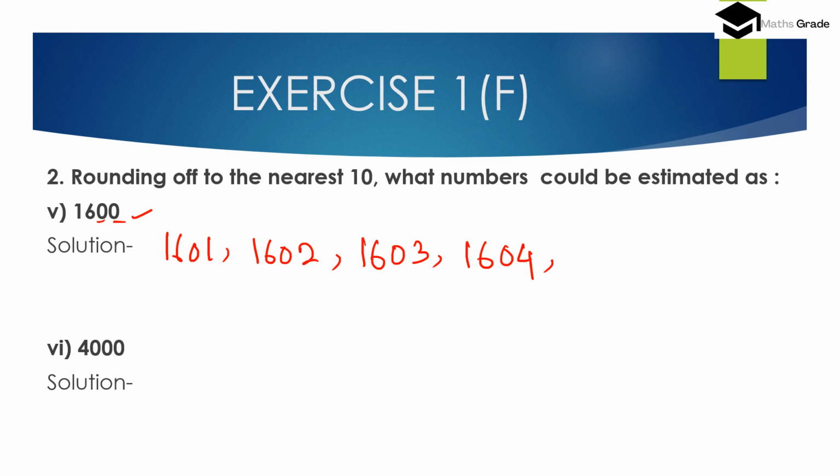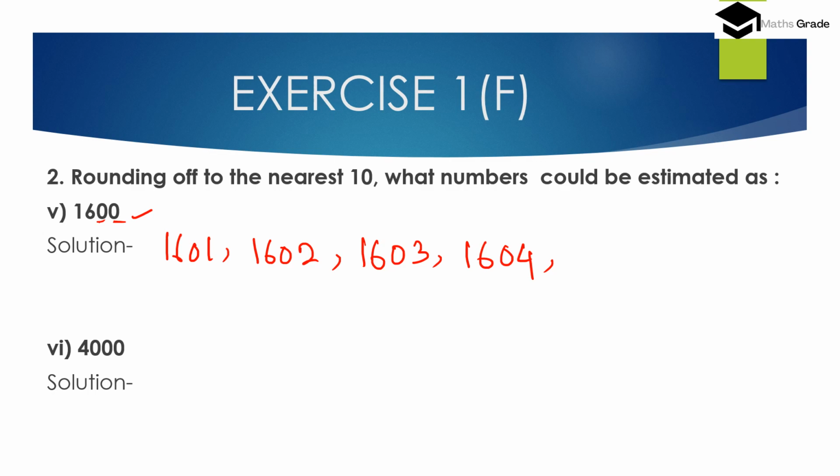And if we use the number 1605, here the unit place digit is 5, which is equal to 5, so we have to add 1 in the tens place digit. It will be 1610, so it will be incorrect. So don't write this number, just up to 1604.